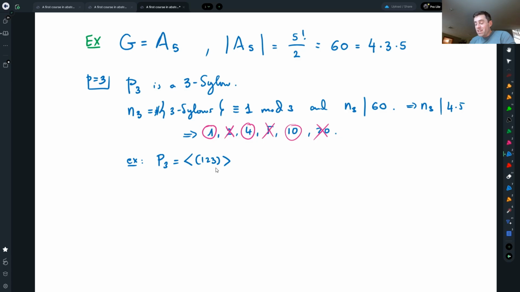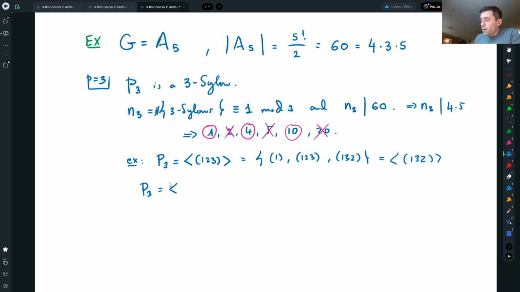Do I have more? Yes, because I have 5 numbers and I can pick any 3 of them, I just have to make sure I'm not repeating things, because the 2 elements of order 3 are in there. So this is the same one as if I had picked (1 3 2). How am I going to count how many there are? Any one of the 3-Sylows is generated by (A B C).